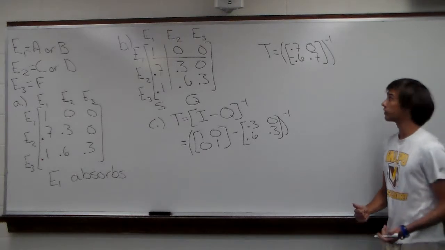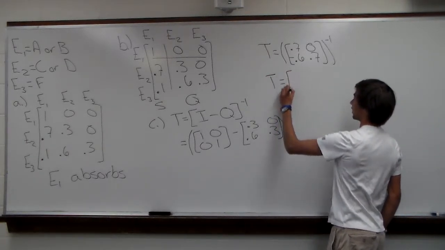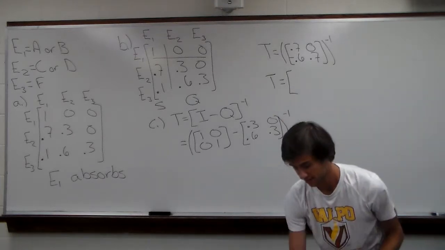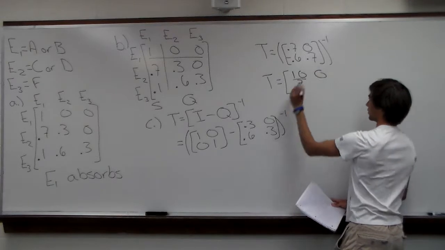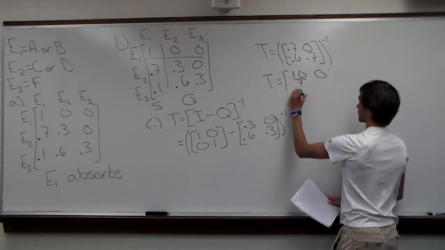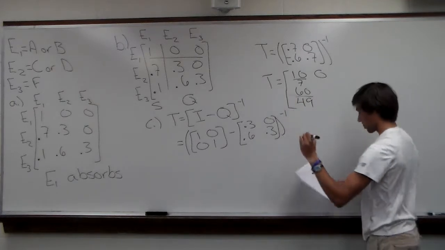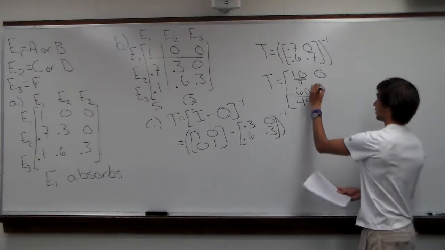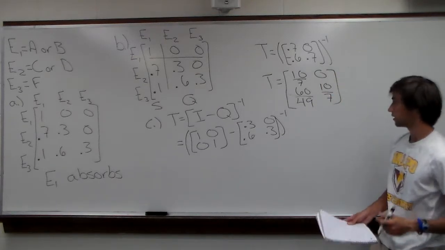However you want to solve for the inverse, you should end up with 10 over 7, 0, 60 over 49, and 10 over 7. And that is our matrix T.